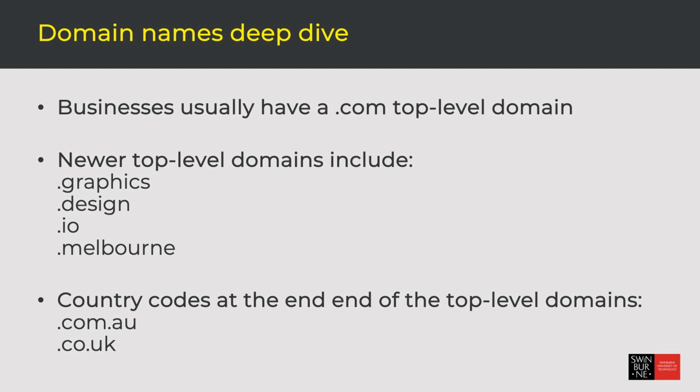We can also add country codes to top-level domains. I'm sure we have all seen .au at the end of the root domain, showing that it is an Australian company or service. This can be a great addition to a top-level domain, especially if your target audience are Australians who want to support Australian businesses and value Australian-made products and Australian-owned businesses.